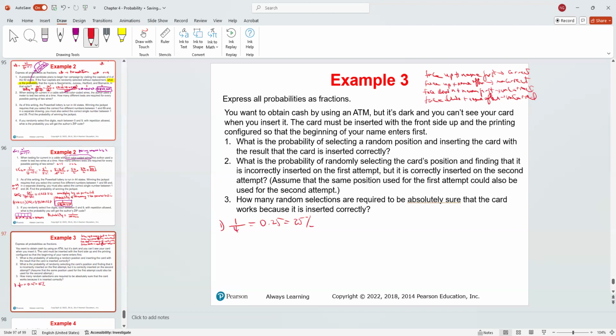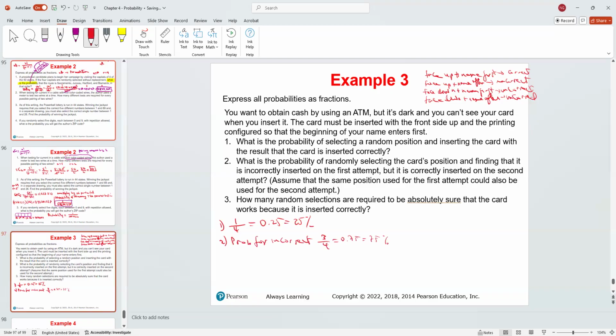So that's where it becomes a little bit complicated. What is the probability for incorrect? That would be 3 out of 4, because there are four possibilities. That's 0.75 or 75% of the time.